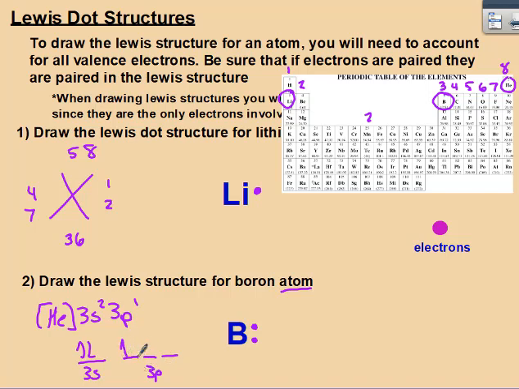If we were to add more, we would go 1, 2, 3. There's my 4, 5, 6, 7, 8. So that's why the first two are paired, and then 3, 4, 5, 6, 7, 8. So this is representing the s orbitals, and then these are the 3p orbitals. So boron has 2, and then a third one. Technically, you can put that third dot on the top or the left, as long as it's not on the right side.